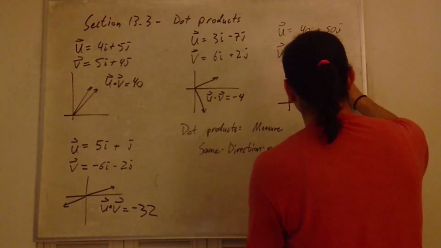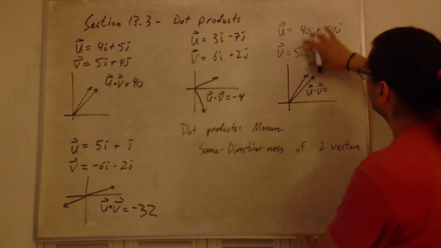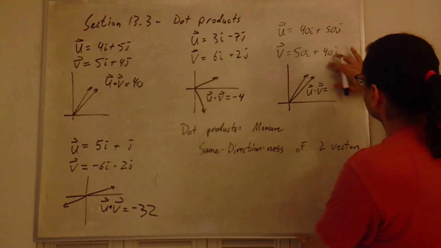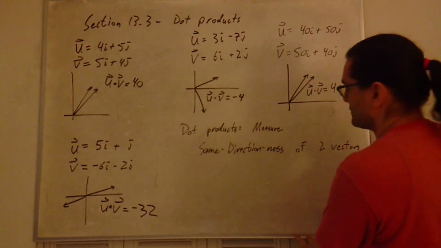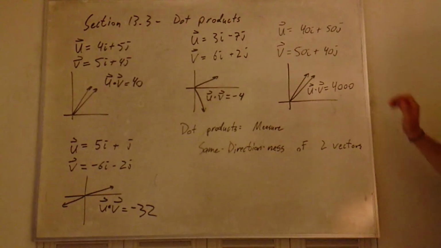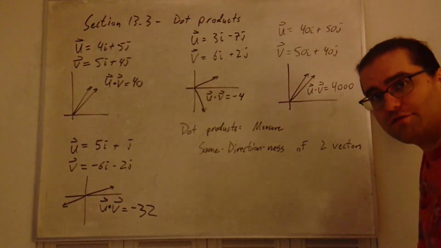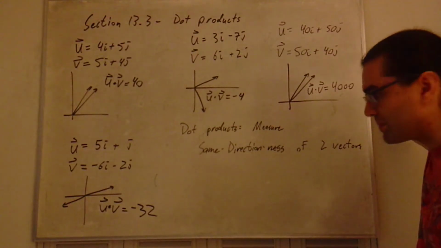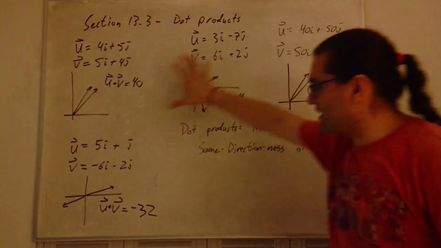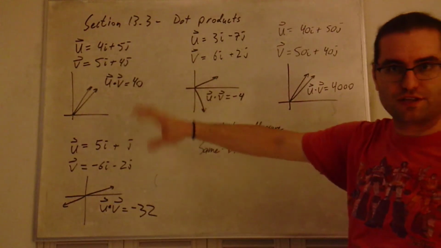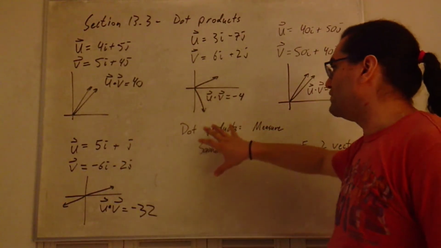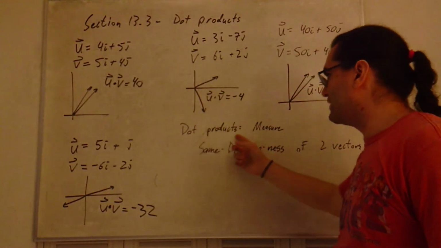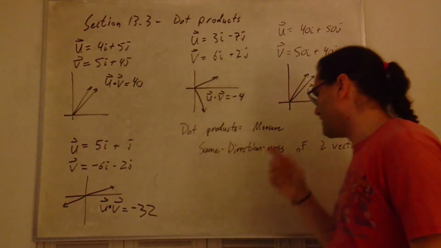u dot v in this case is going to be 2000 plus 2000, which should give me 4000. Which is kind of a bit of a wrench in our plan. Based on these examples we did, and the hopeful 6 or 10 or other examples that you did on your own, we should have reached this conclusion that dot products measure same directionness.